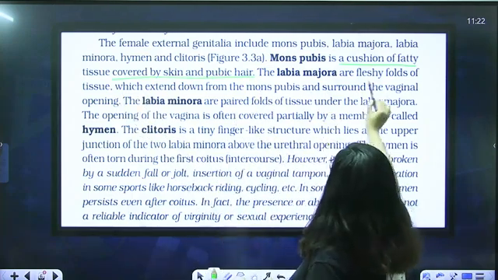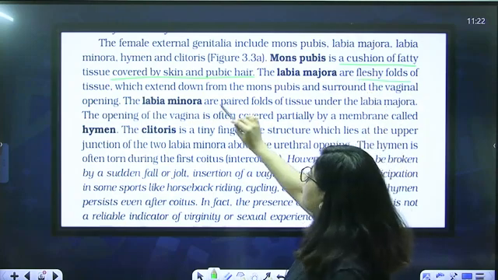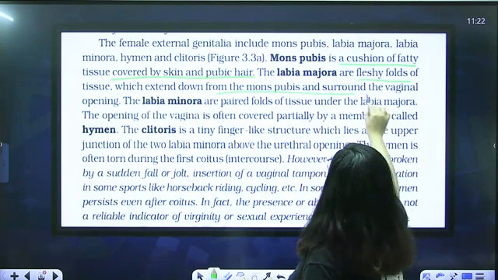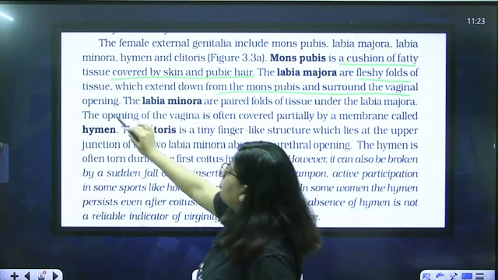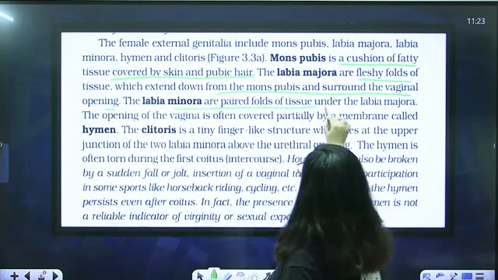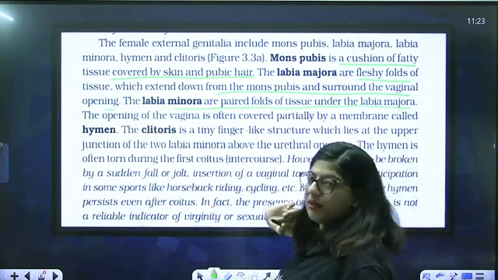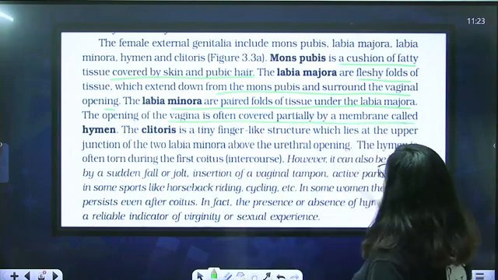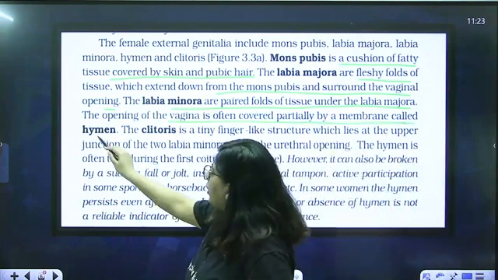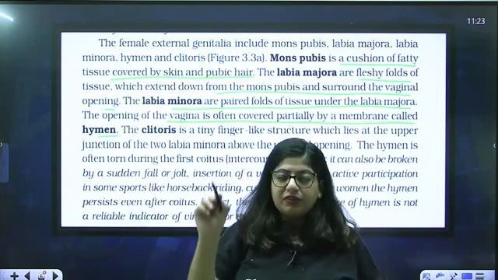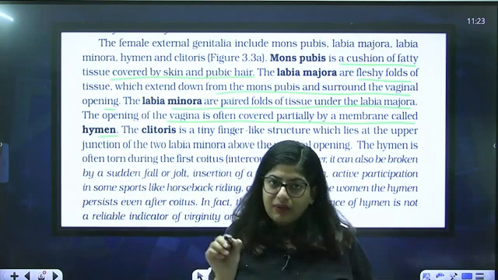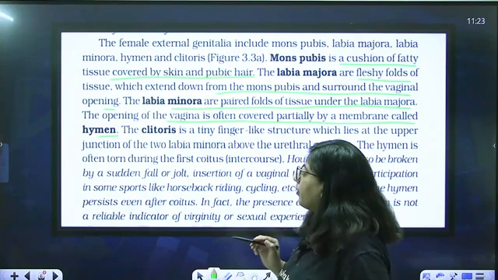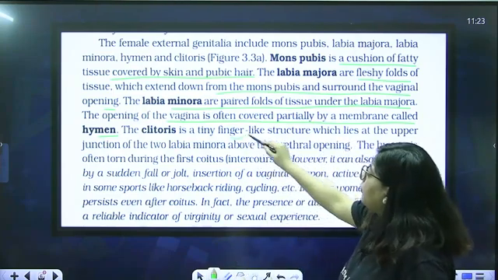The labia majora, fleshy folds of tissue which extend down from mons pubis and surround the vaginal opening. The labia minora, paired folds of tissue under the labia majora. The opening of the vagina is often covered partly by a membrane called hymen. So as I have told you, the vaginal opening is partly covered by hymen, partly means half.